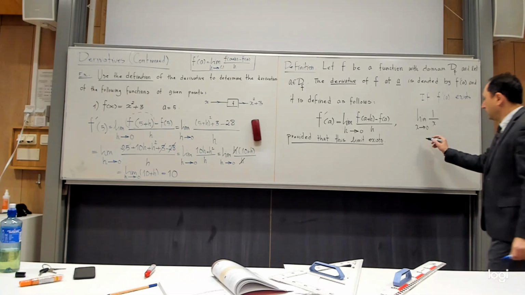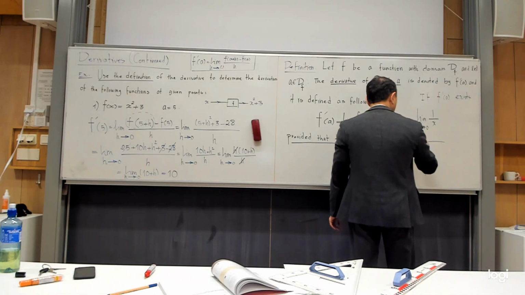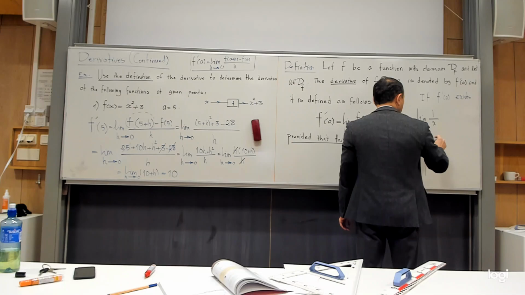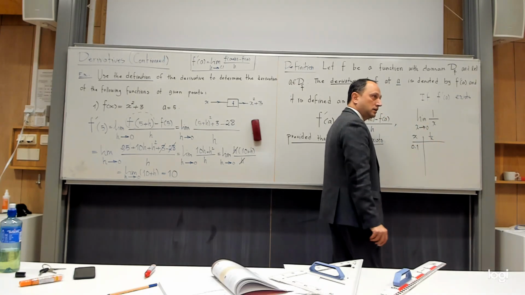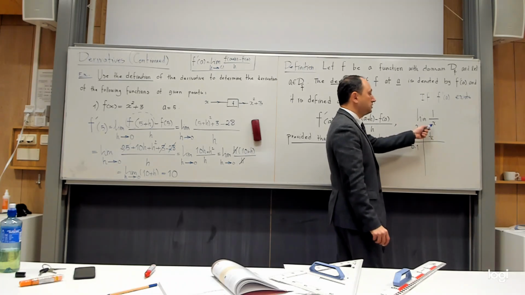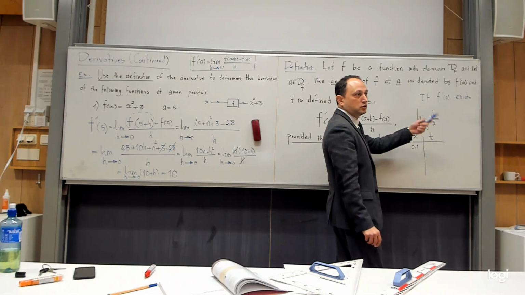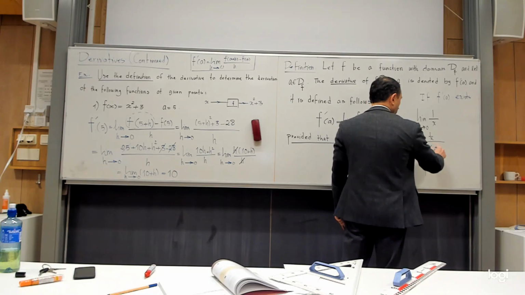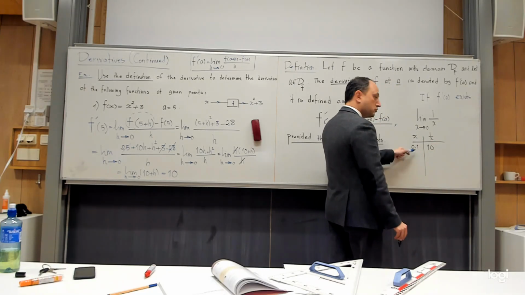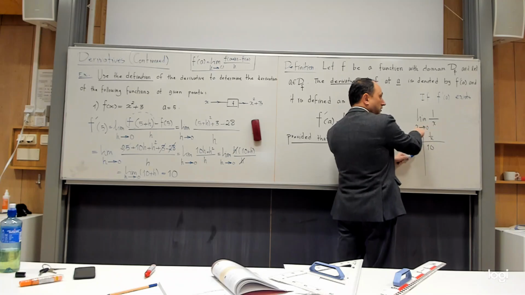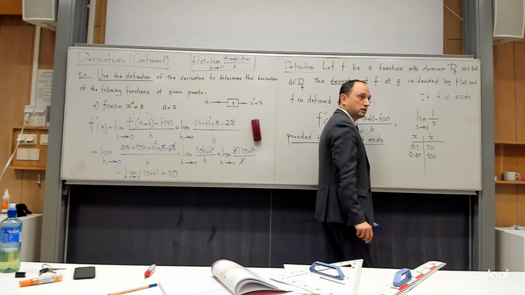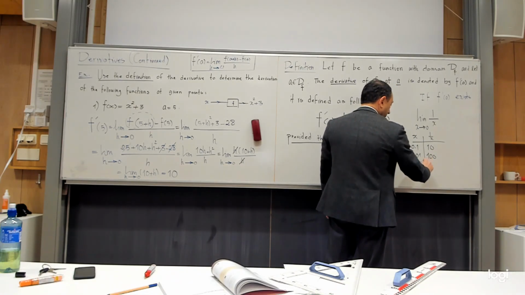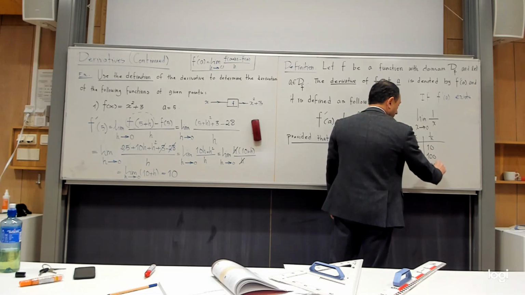So for example, if you draw a table for yourself, x and then 1 over x, let me make x small. For example, 0.1. Then what will happen if I put it in my function? It becomes 1 over 0.1, which becomes 10. And if I make it smaller, because I'm supposed to get closer to 0, then what happens if I put it here? It becomes 100. Yes? And if I make it even smaller, it becomes 1,000.